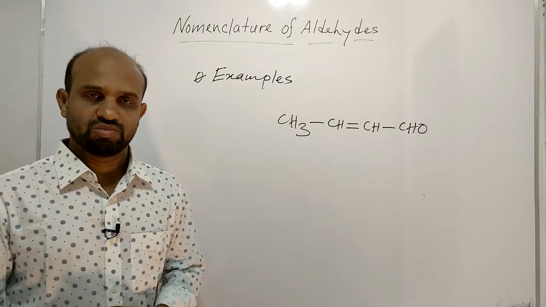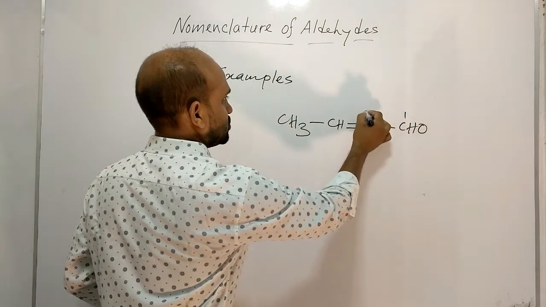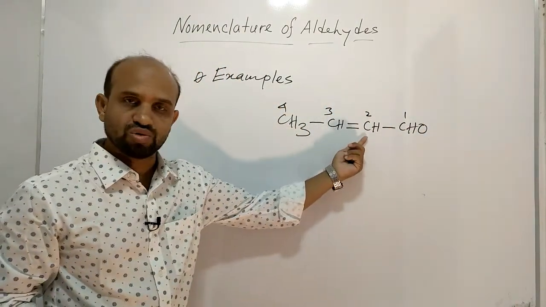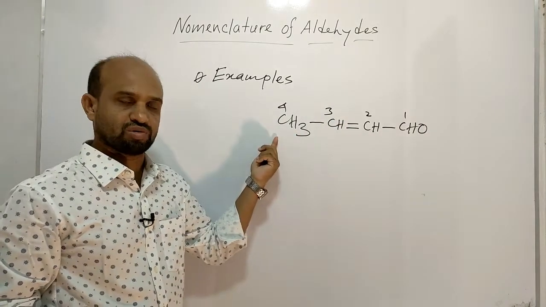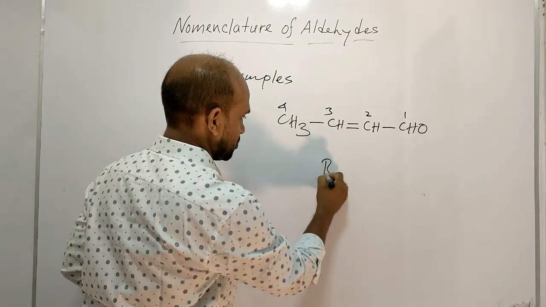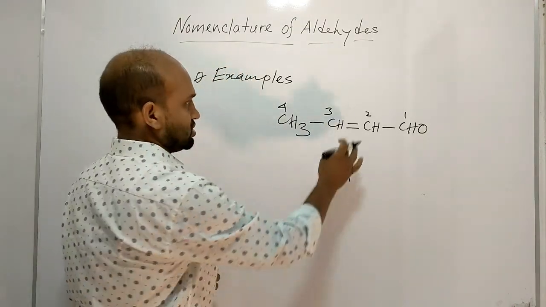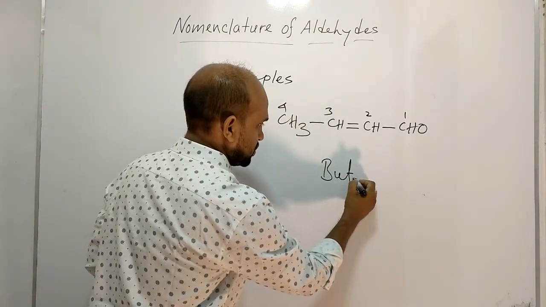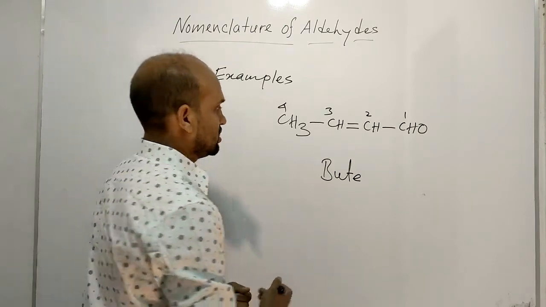Now let's see the name of this compound. Here carbon atoms are numbered 1, 2, 3, 4. So carbon 2 with carbon-carbon double bond, and there are 4 carbon atoms. So but is the word root, and since it's an alkene, so but, not buta.